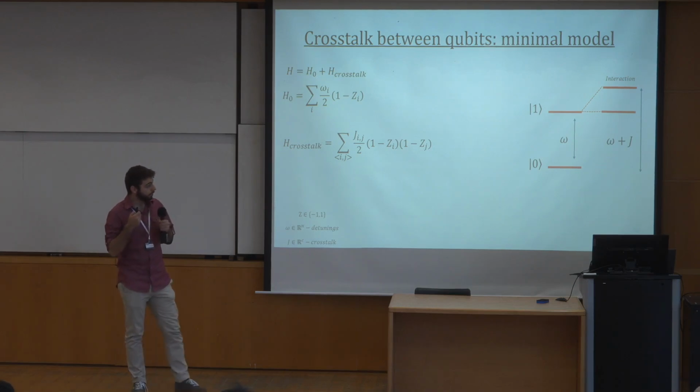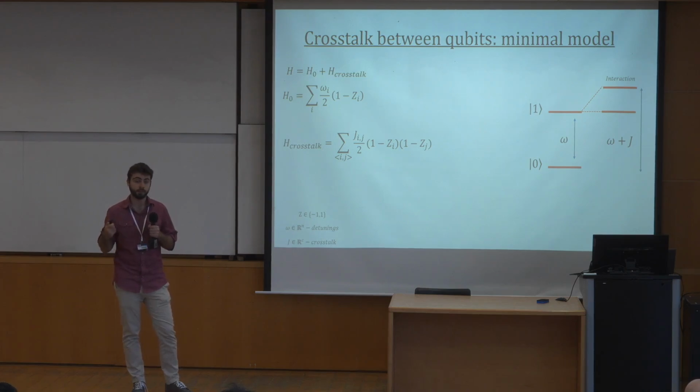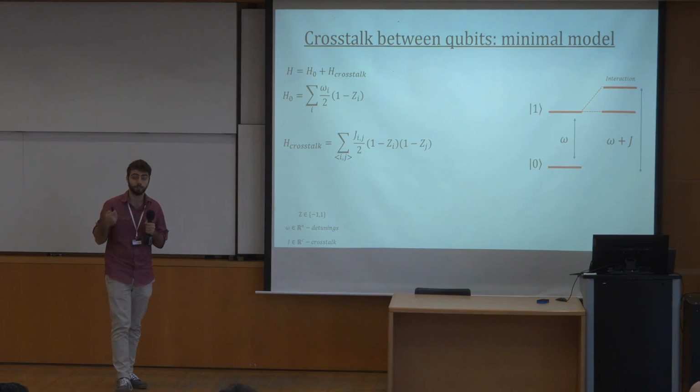So this crosstalk basically acts as an effective detuning when the neighboring qubit is on. So to look at crosstalk, we'll first try to characterize detuning and see how we can go from there.